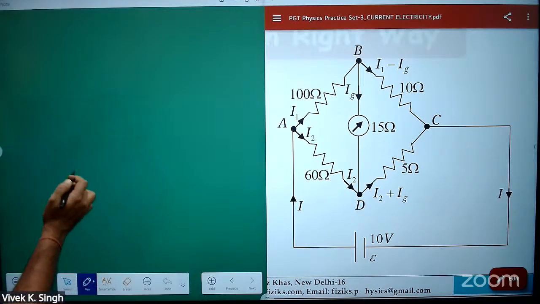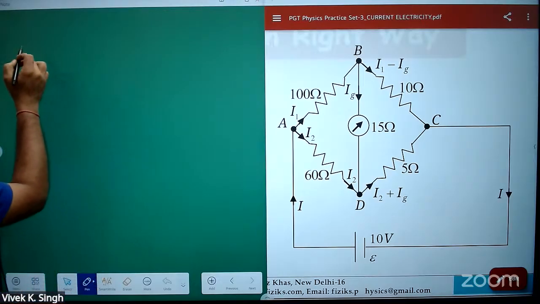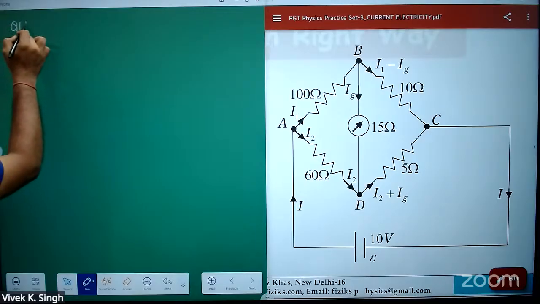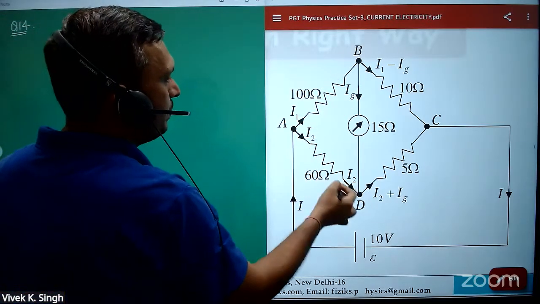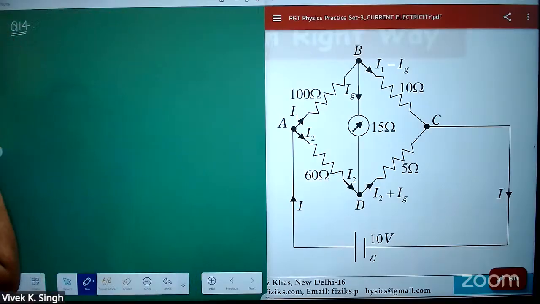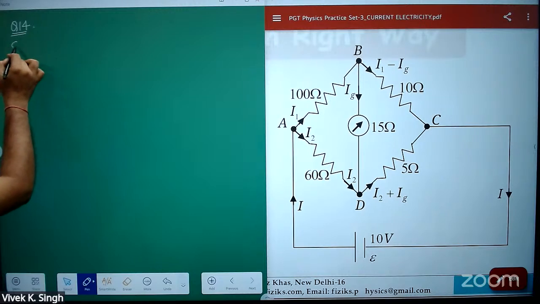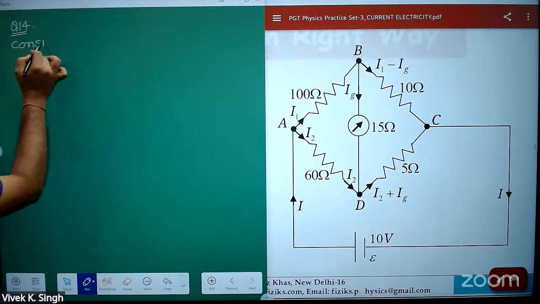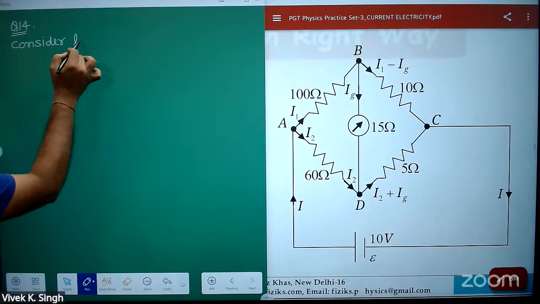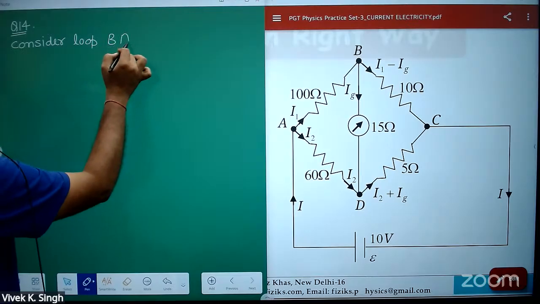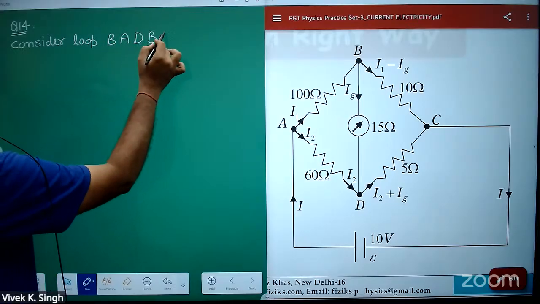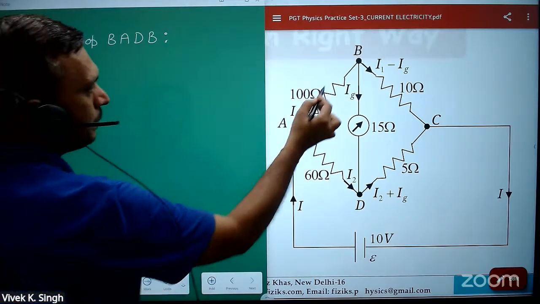This is question number 14. Consider this portion BADB. Consider loop BADB.